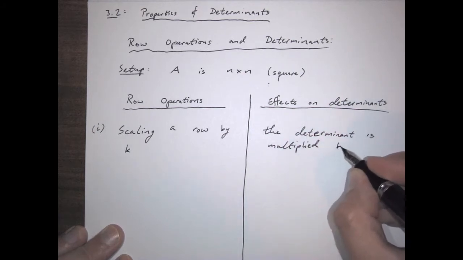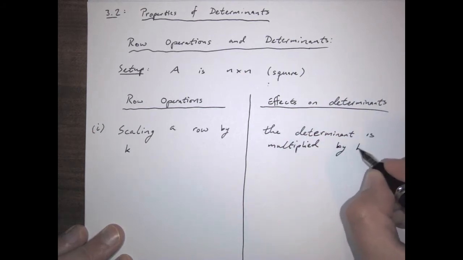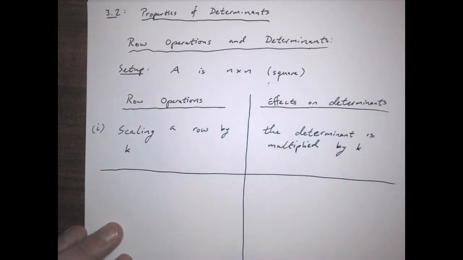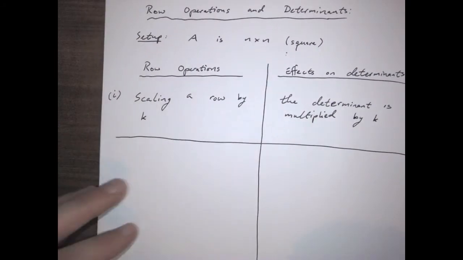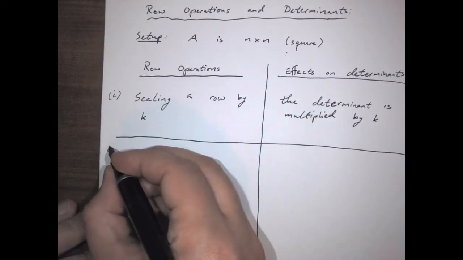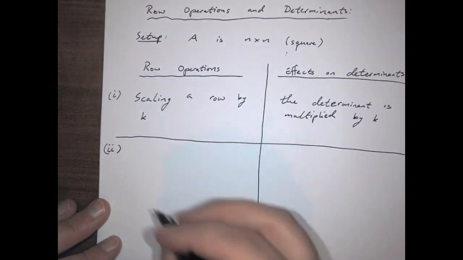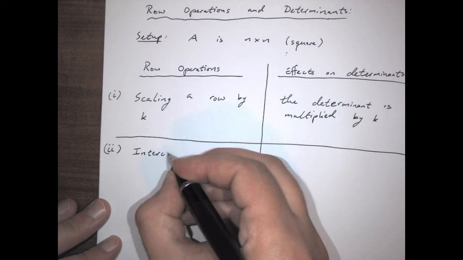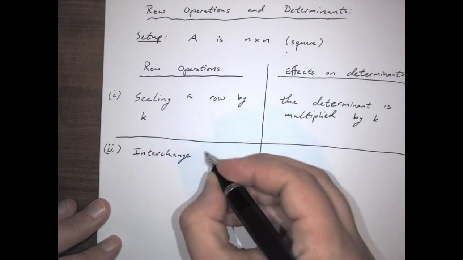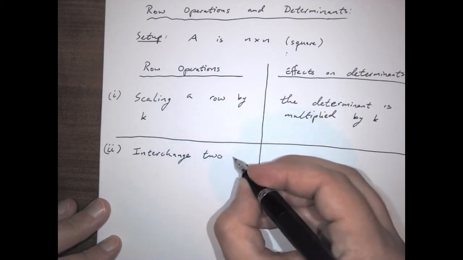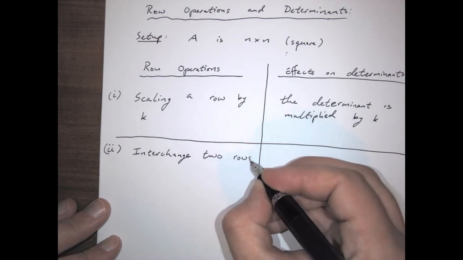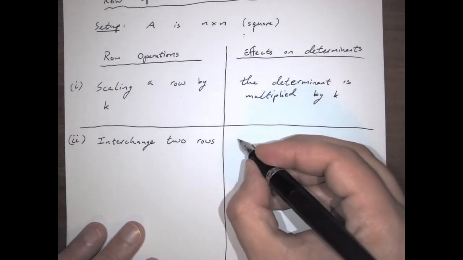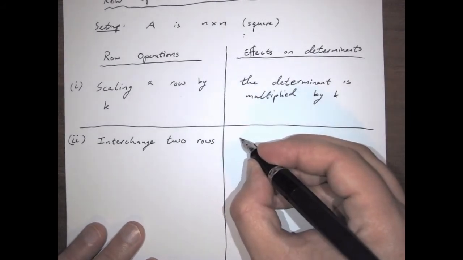Multiplied by k. Okay. So there's that. Secondly, let's say we interchange two rows. Well, if you interchange two rows, this has the effect of making the determinant the opposite.